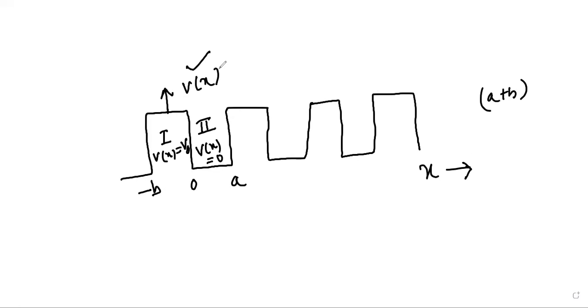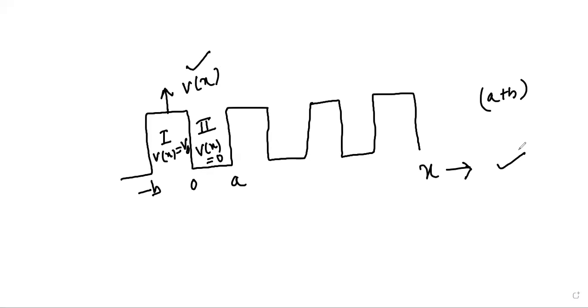This particular model illustrates the behavior of electrons in a periodic potential by assuming a relatively simple one-dimensional model, where the potential is only a function of x.